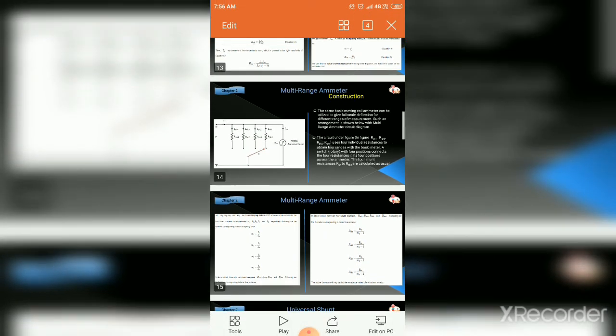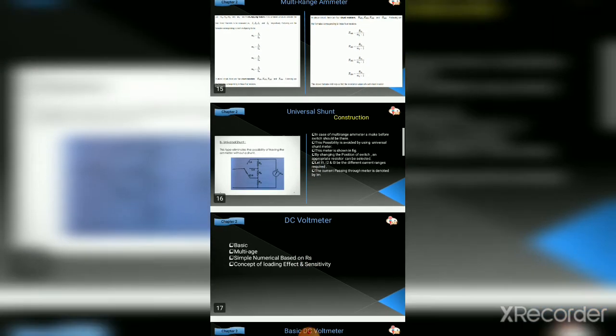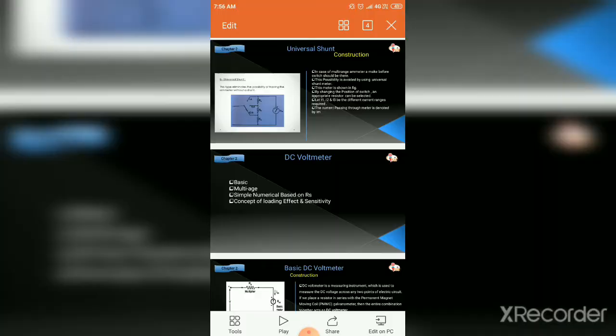This is a make before switch. In the universal shunt there is no make before switch. Then this possibility is avoided by using the universal shunt meter. Means what? Here we cannot use the make before switch.